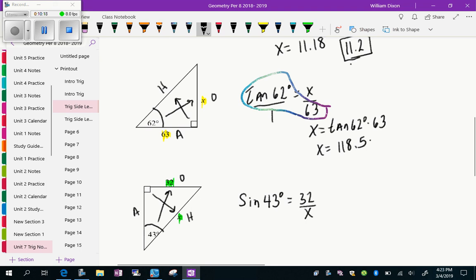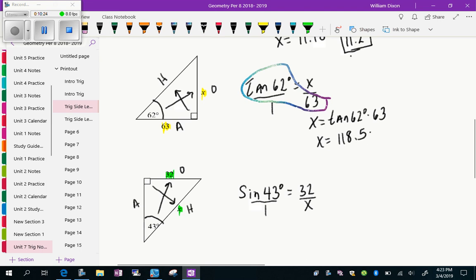All right, this one's a little tricky, not really, but we're able to handle it, just a little more algebra. So we're going to cross multiply, and we get x times the sine of 43 degrees equals 32.